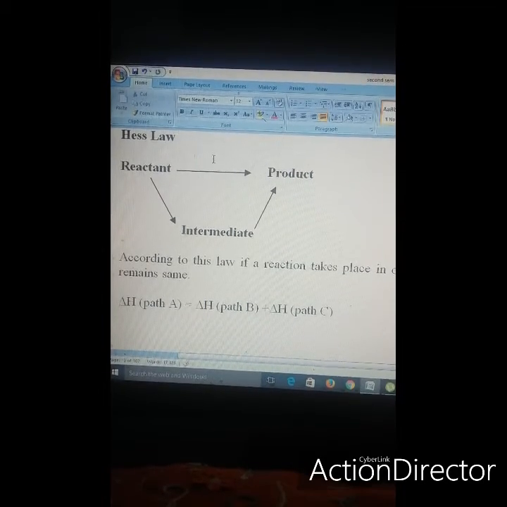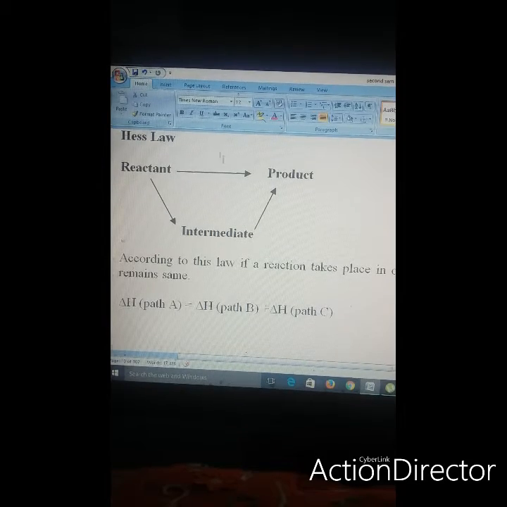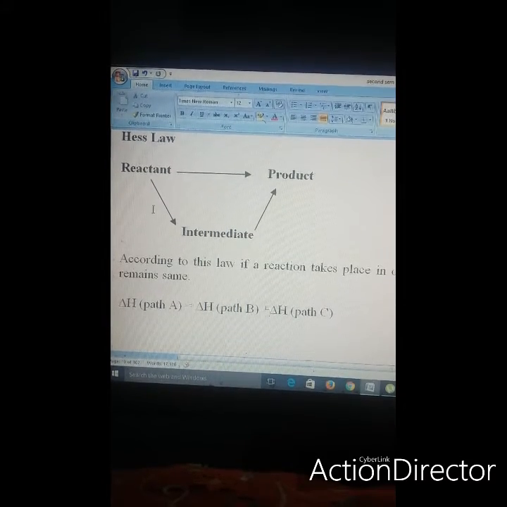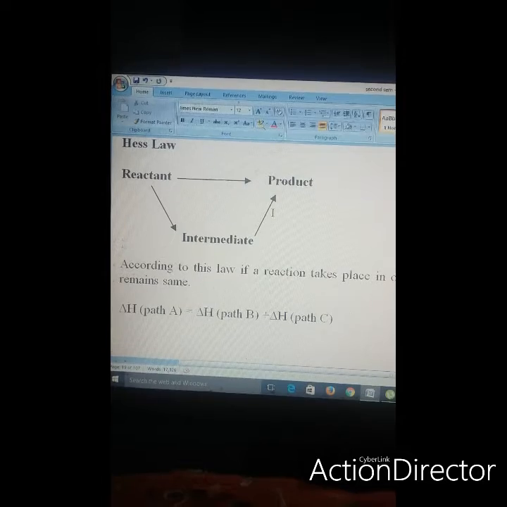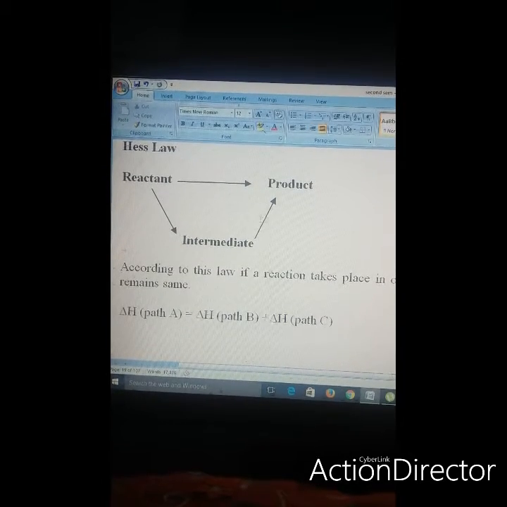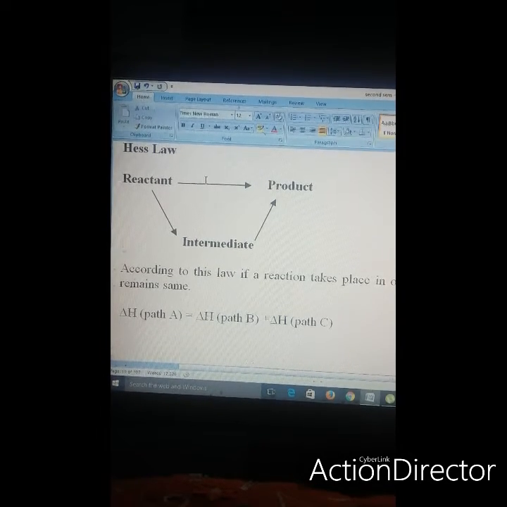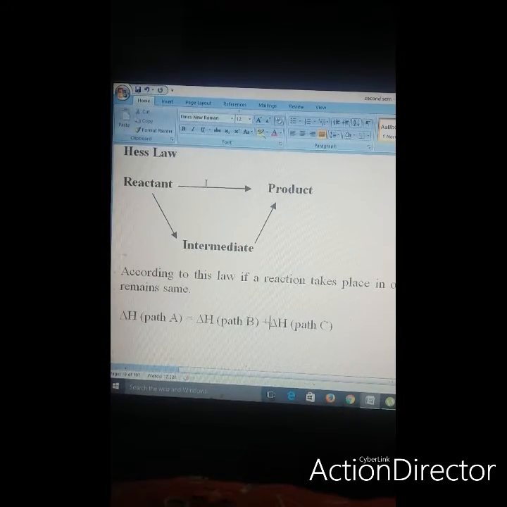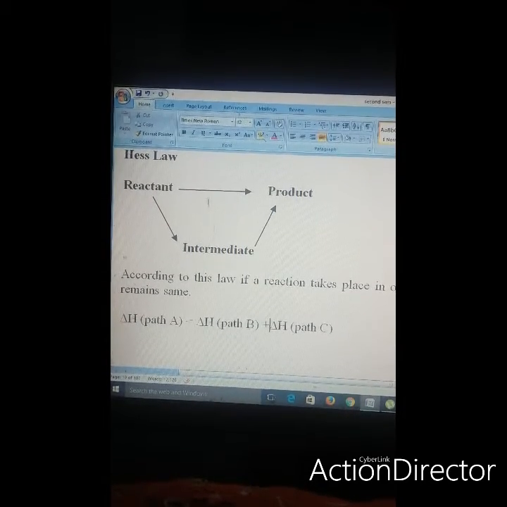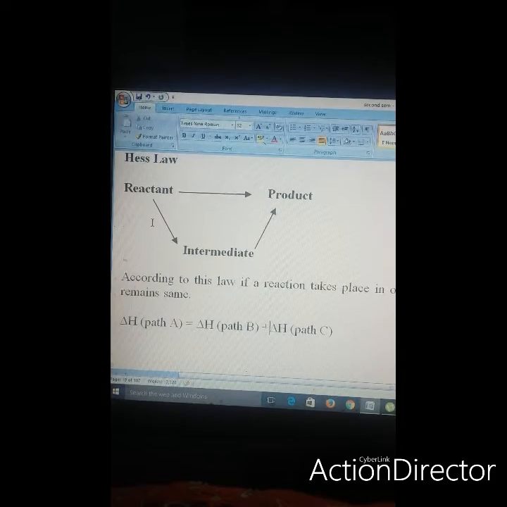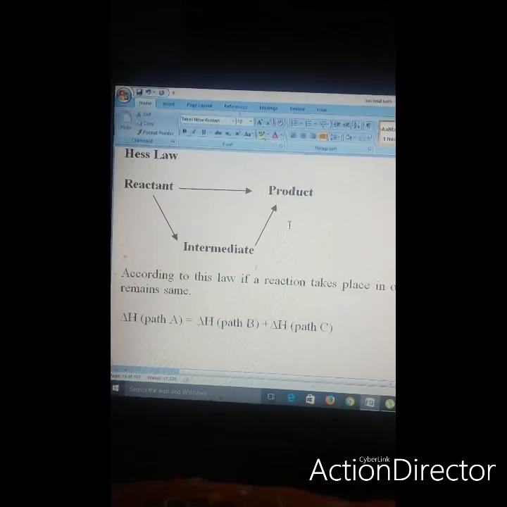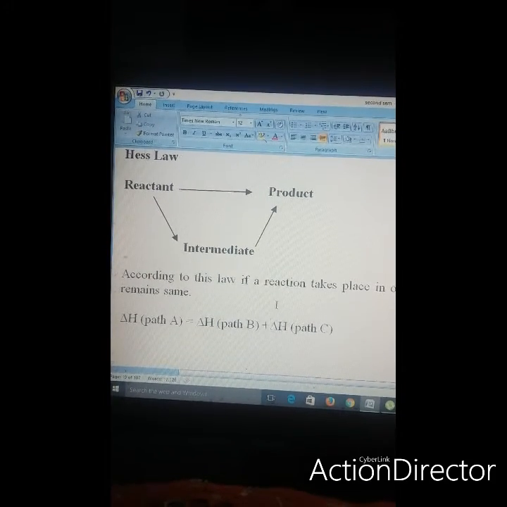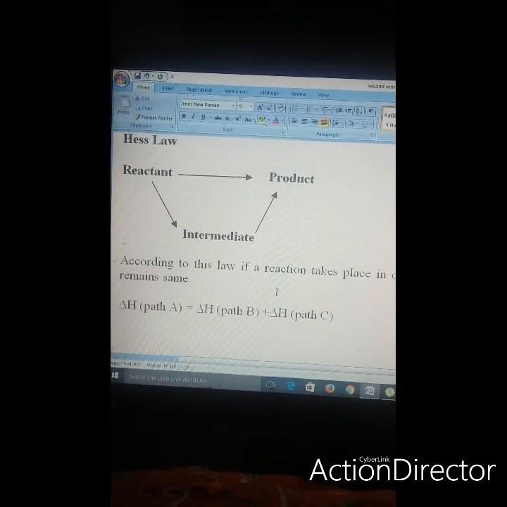Let us consider this path as path A, this as B, and this as C. According to this law, if a reaction takes place in one step or many, the change in enthalpy will be the same. That is, the heat change during path A will be equal to the heat change during path B plus C. A sign will be put accordingly, depending on whether heat is absorbed or evolved.